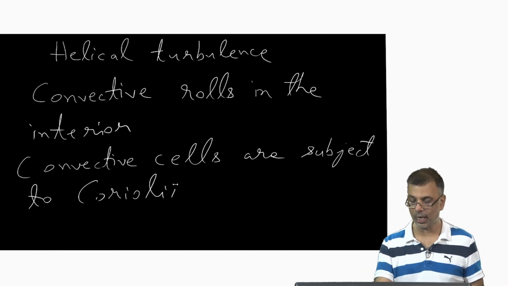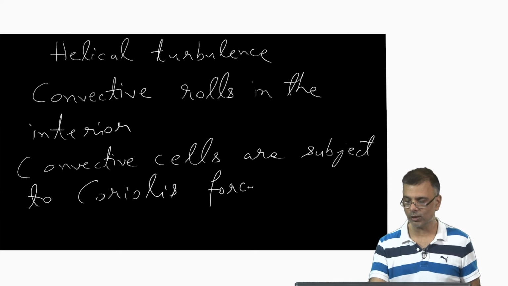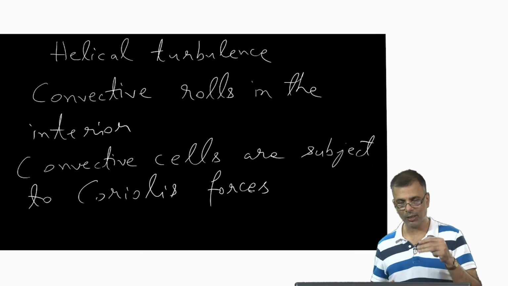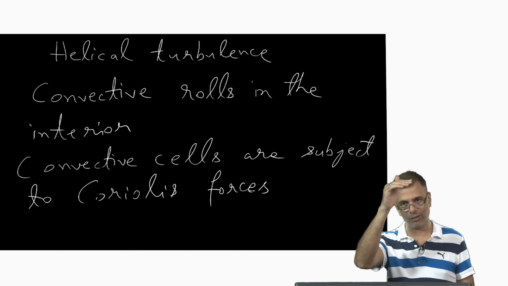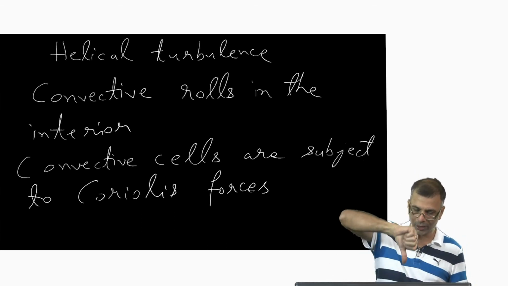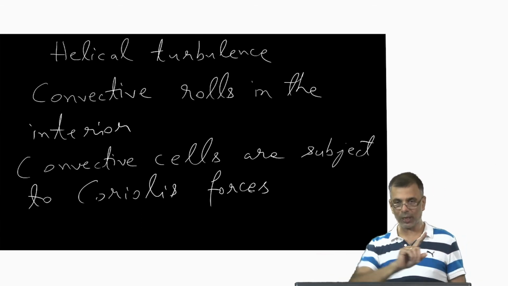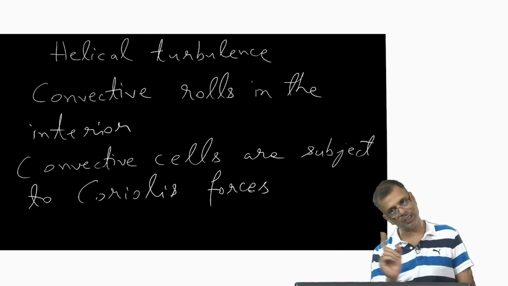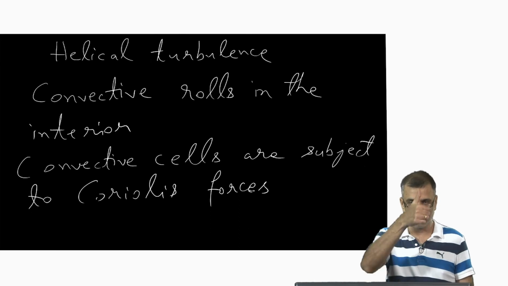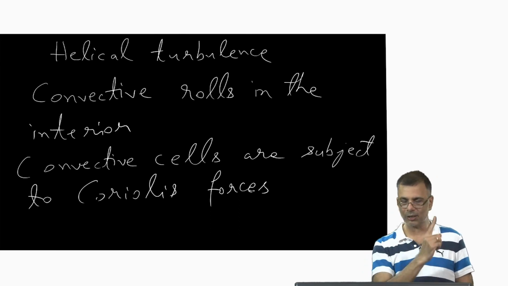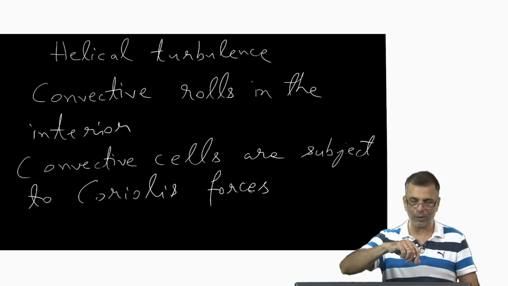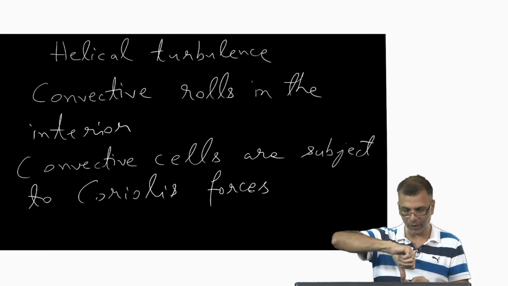Why? Because they are in a rotating frame of reference. And the Coriolis forces are of opposite directions in the two hemispheres, the southern and the northern hemisphere. If you are standing on the north pole, you have your head pointing this way, whereas if you are standing on the south pole, you have your head pointing this way. Whereas the rotation of the sun is in the same direction. It might be differential, but it is in the same direction. So, the handedness is different. The handedness of the rotation for the person whose head is pointing this way is different from the person whose head is pointing this way.